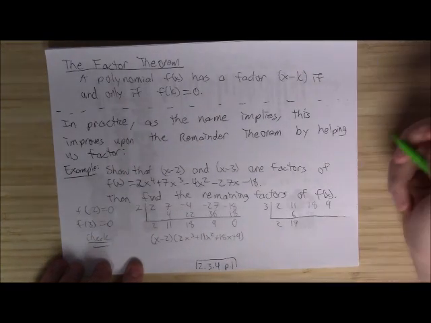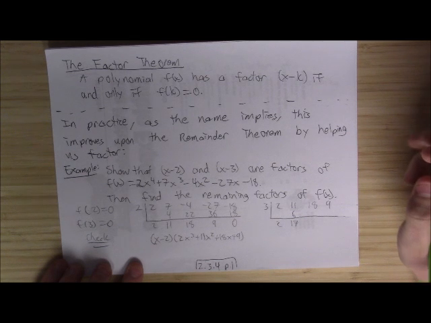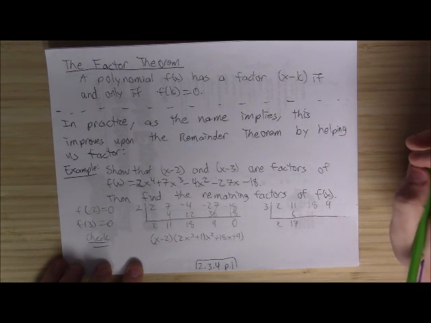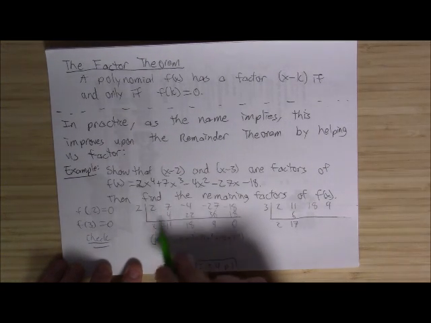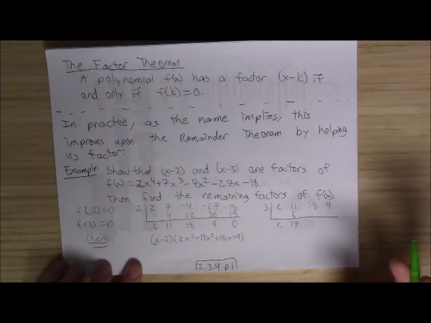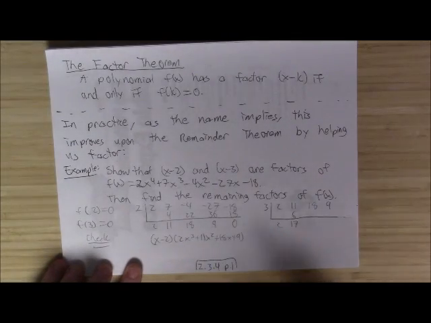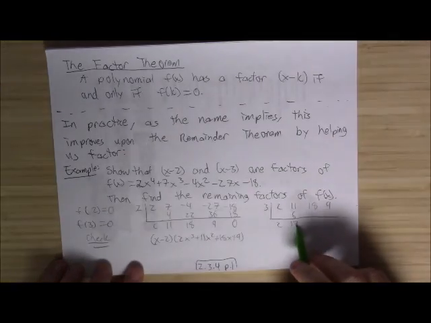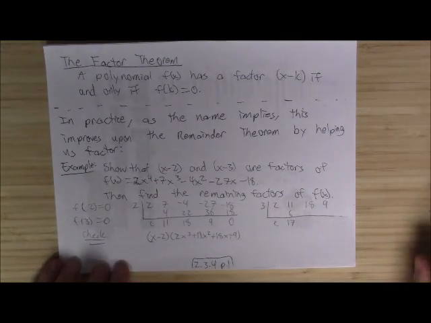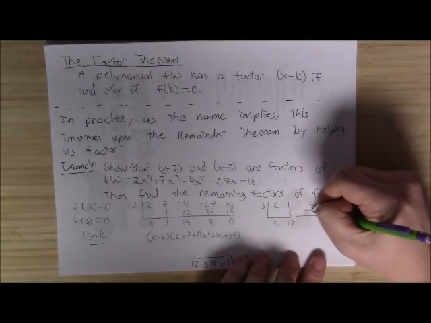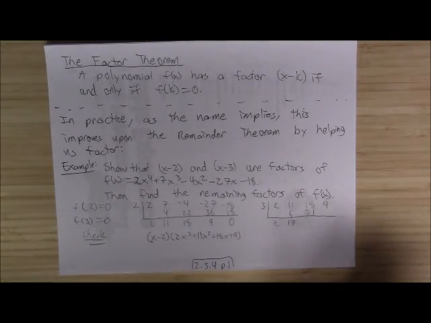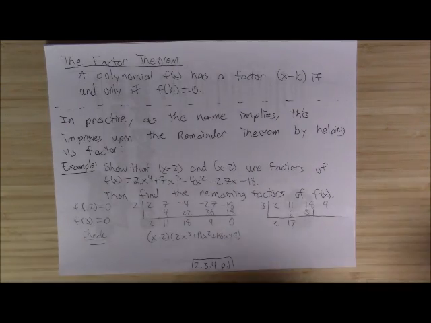Something's wrong here. Dividing 3 into here, 3 times 17 is 51, 18 and 51 is 69.